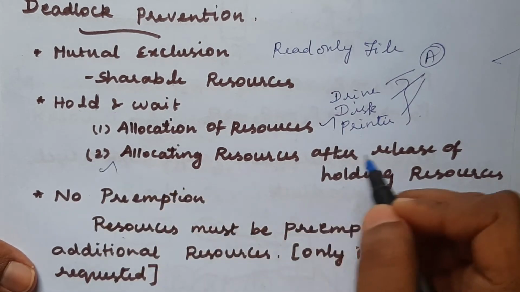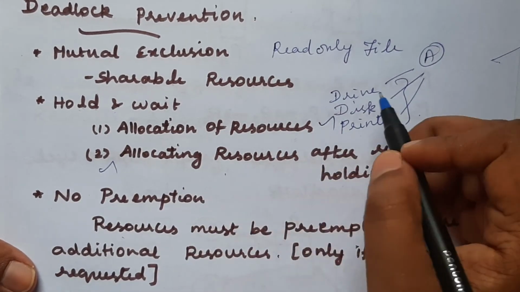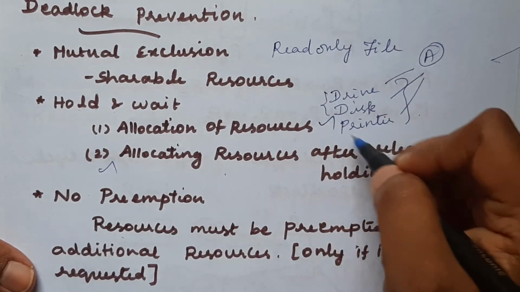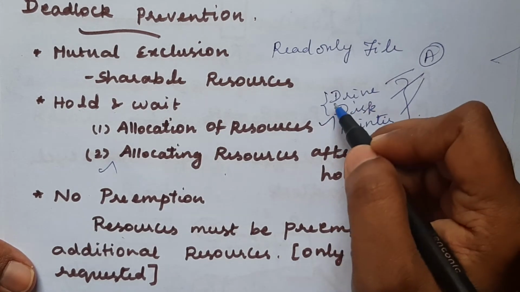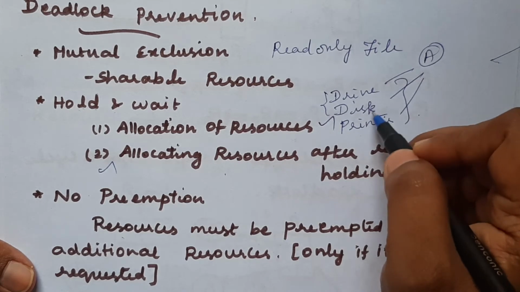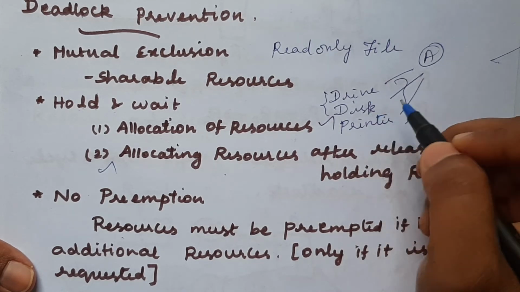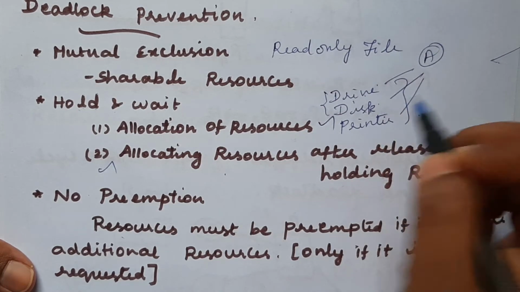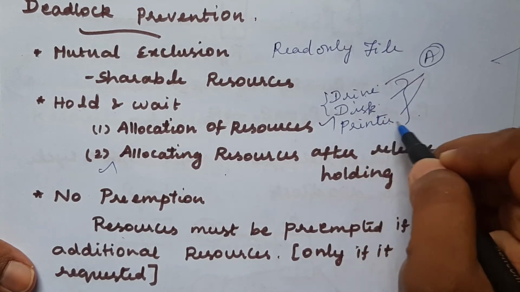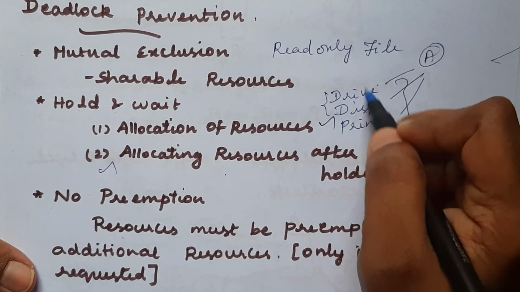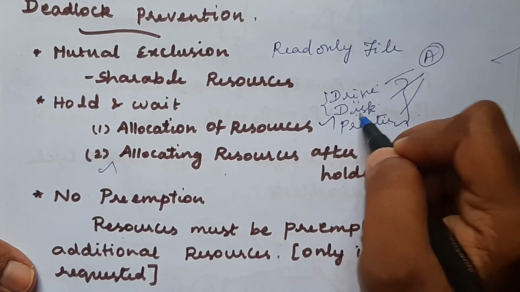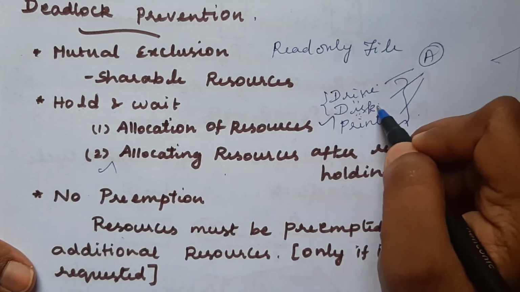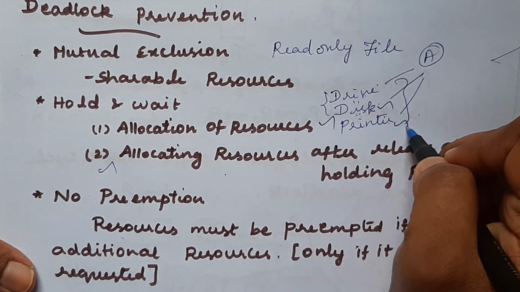If you follow the second protocol, first it has to allocate only these two. We are not going to allocate all the resources at a time. We are going to allocate only the first two resources, that is drive and disk. With the help of these two resources, it will copy the content and afterwards, before requesting the printer, it should release these two resources, that is, drive and disk must be released, and afterwards it will again request the disk and the printer.